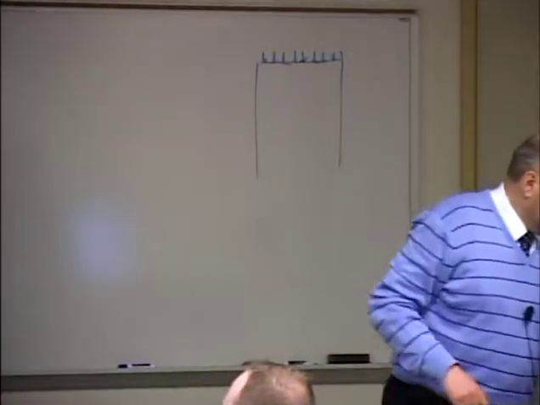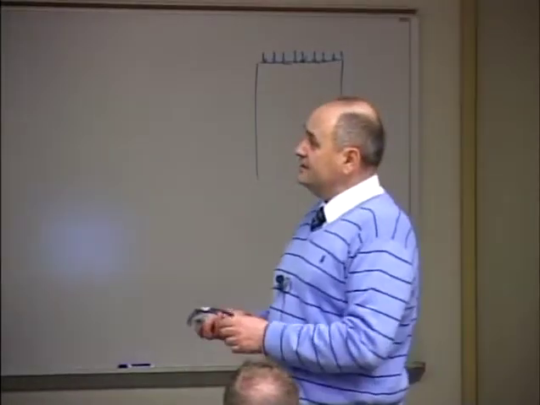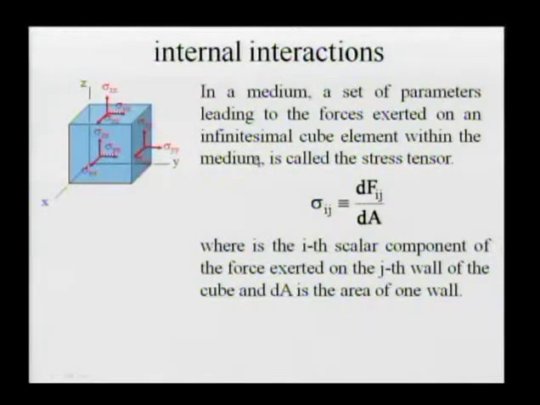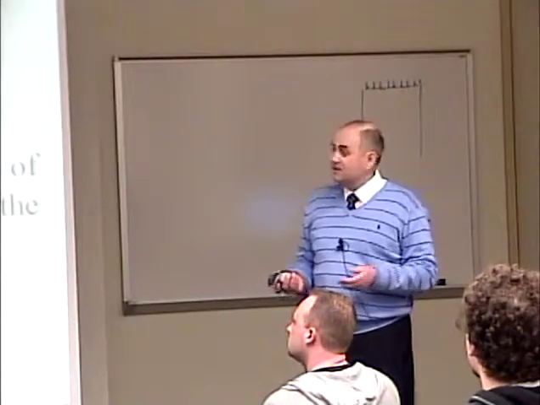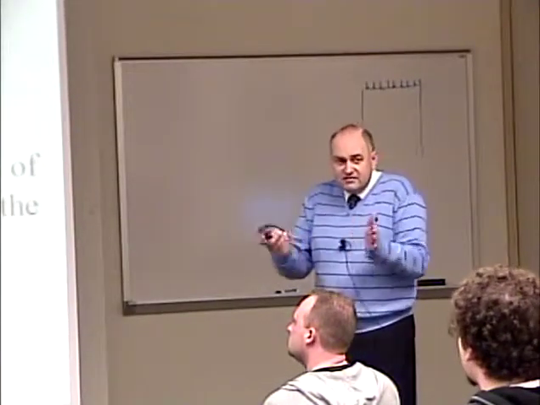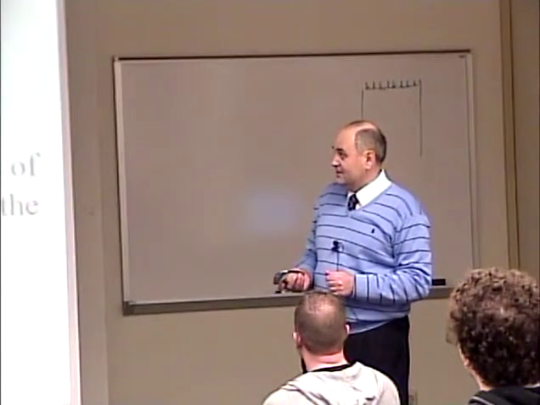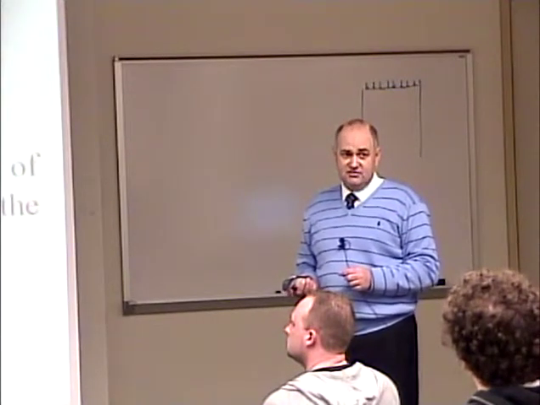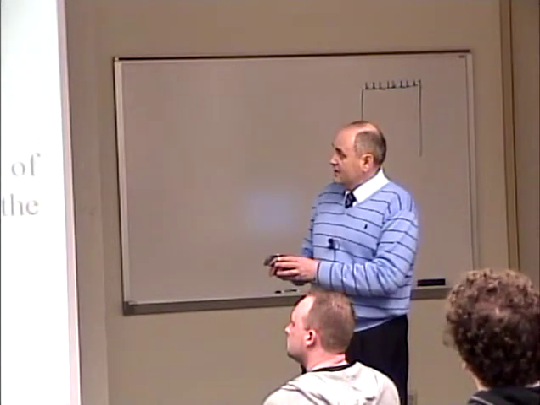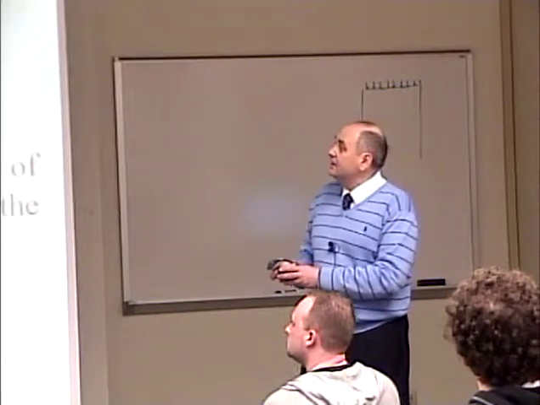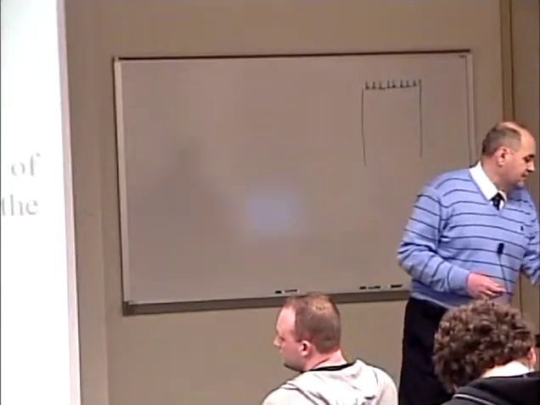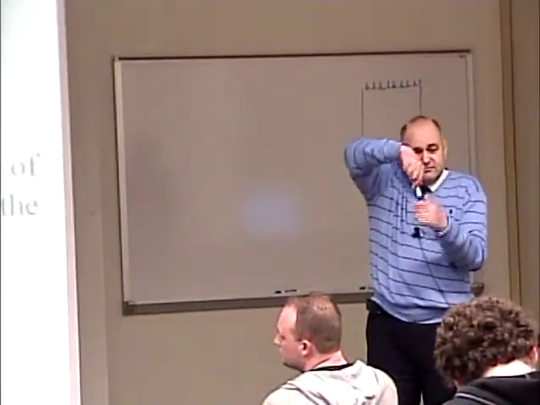Now, the components of stress which are perpendicular to those walls are called compressive or tensile. So these are tensile or compressive stresses, which squeeze the walls. Now, the ones which are parallel to the walls are called shearing stresses. So ZZ refers to compressive or tensile stress, and it depends on whether we squeeze the object or stretch it.